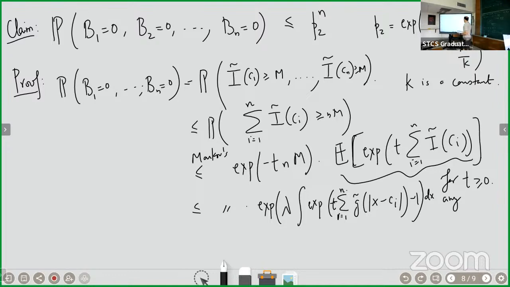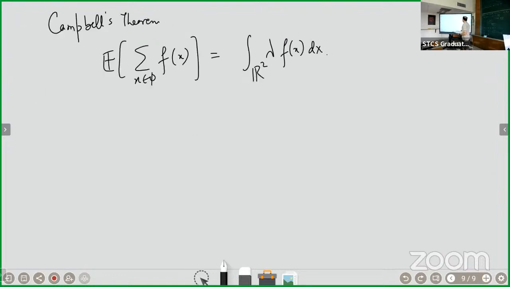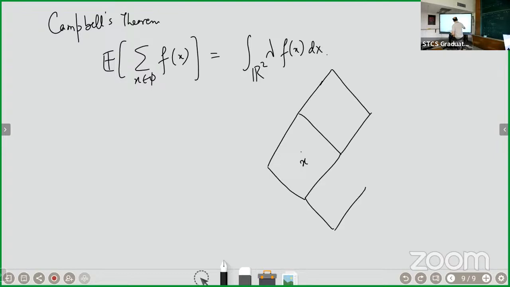So think of this geometrically. x is some point. This is a nice picture. This is my square lattice. The points I'm drawing here are the centers of my edges.